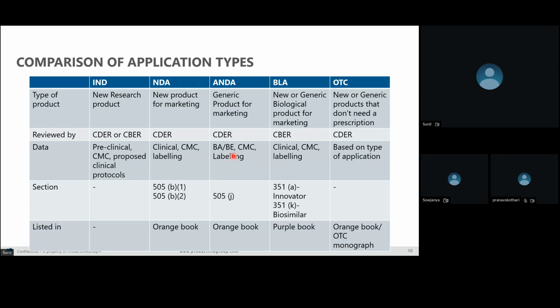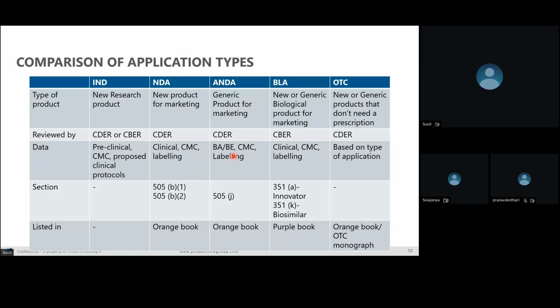Okay, so in the labeling portion, you have to submit various documents. First, for a generic, you have to submit the innovator labeling also. That means the PIL of the innovator, the patient information leaflet, that you have to download and submit in your dossier. You can obtain it from the FDA website or from the innovator product that you purchase for BE studies.